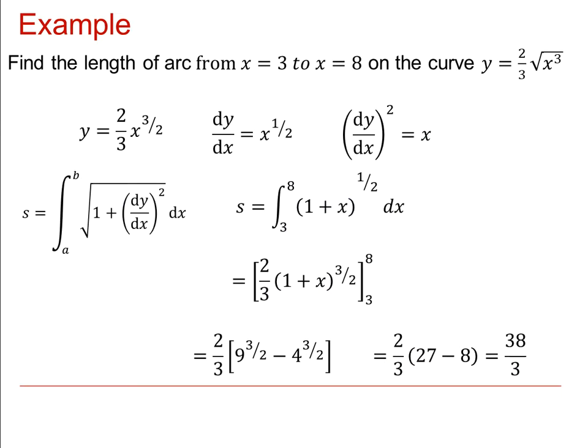So there we have then, we had the curve given to us as y equals 2/3 the square root of x cubed. Because the formula is the square root of 1 plus (dy by dx) squared, we need to find the derivative and square it to substitute into that formula to give us an integral, which hopefully we can integrate by methods that you already know, giving us then an arc length there of 38 over 3.